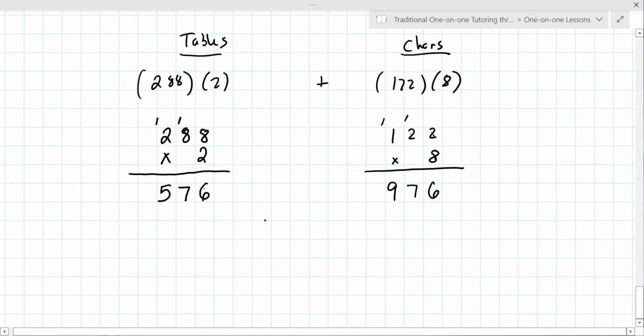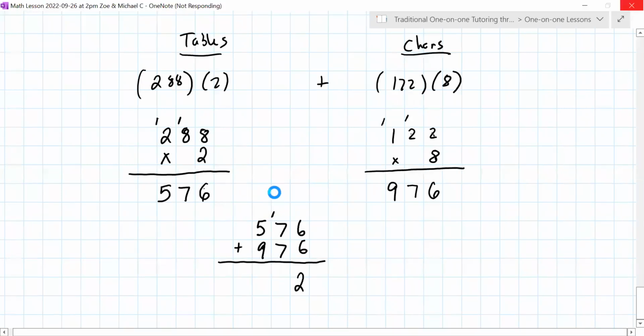Okay, now the next task here is to add these 2 numbers together. Let's work this out together. What is 6 plus 6? 12. Okay, so you put a 2 here with a carry of 1. Okay, what is 7 plus 7? 14.